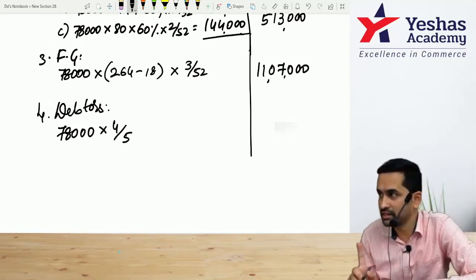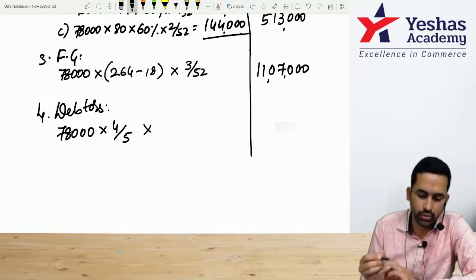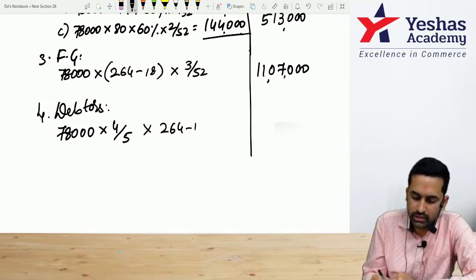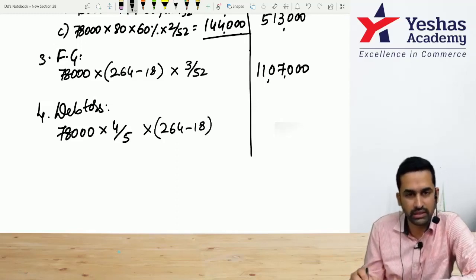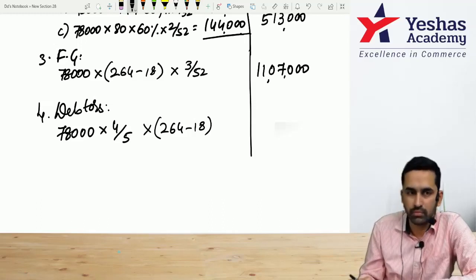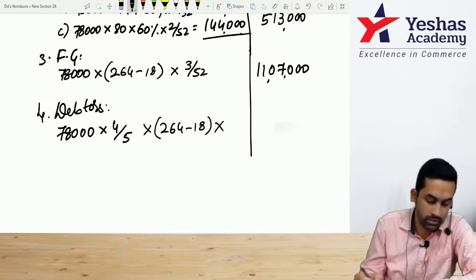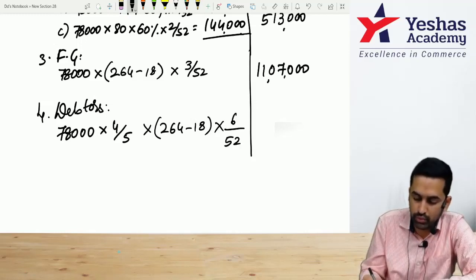This is the credit sales quantity. Correct? This into cost per unit is 264 minus 18. Into time given to customers, 6 weeks by 52.